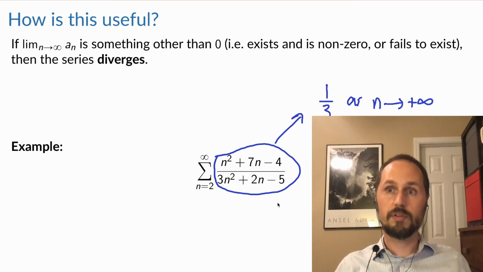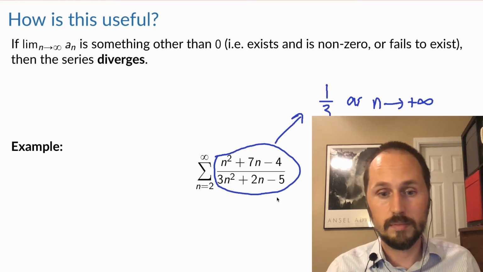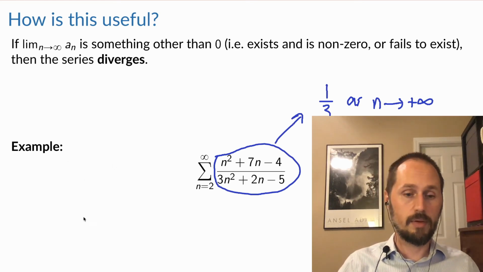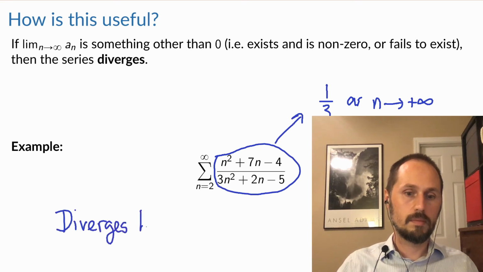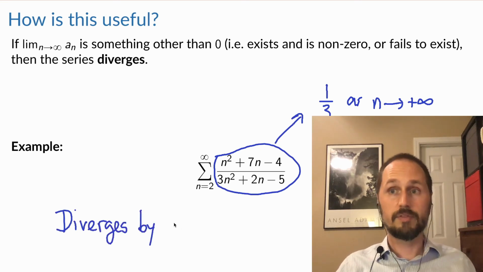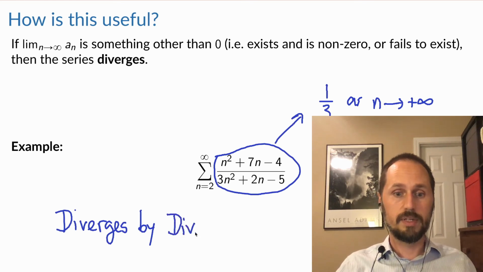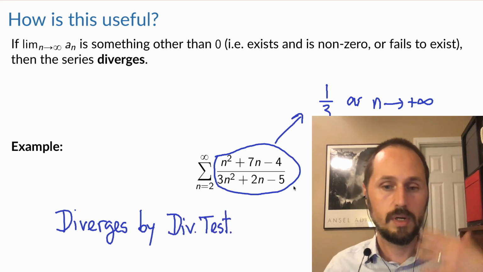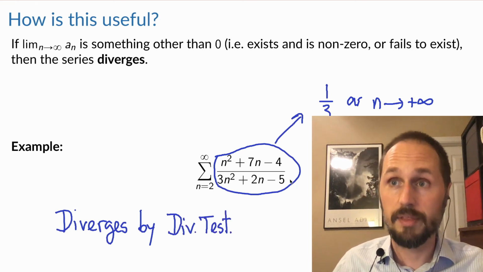So the series diverges by the divergence test. Divergence is a long word, so I'm okay with you calling it the div test. So this series diverges by the divergence test.